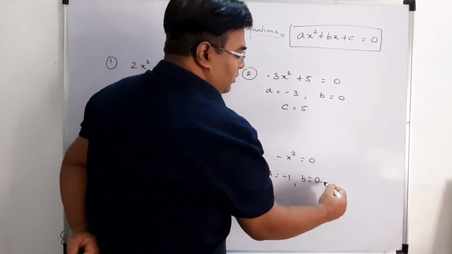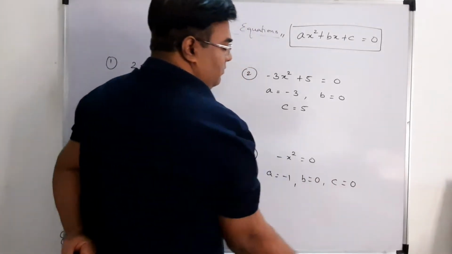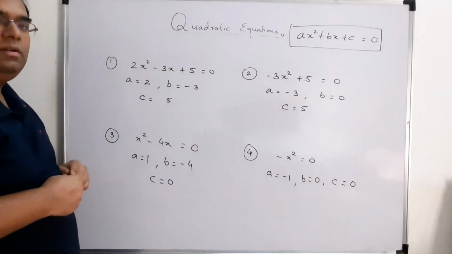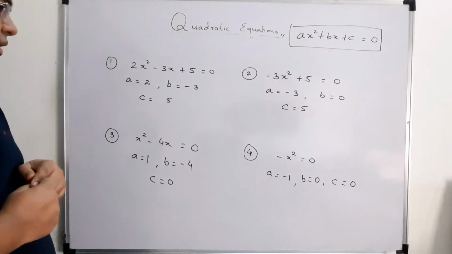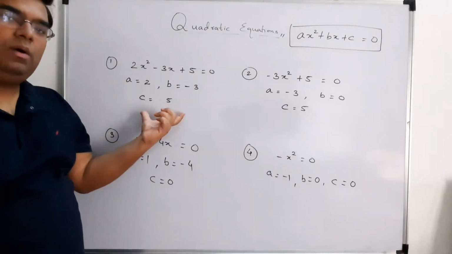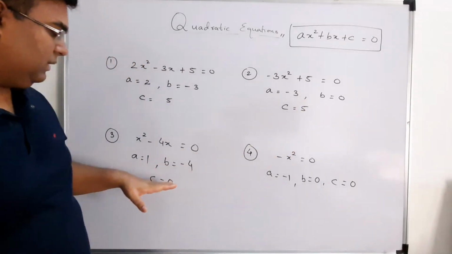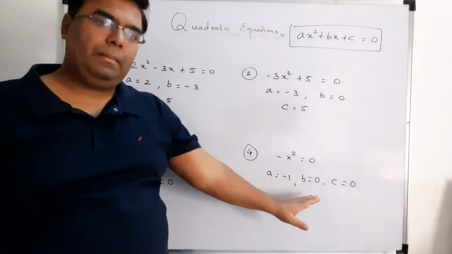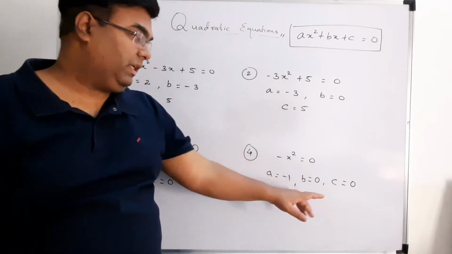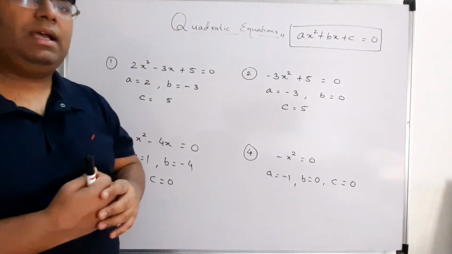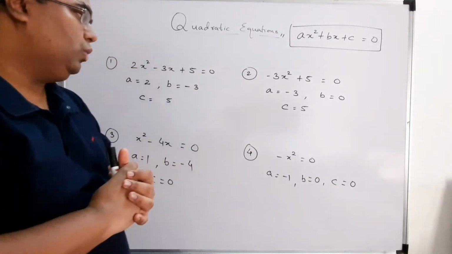B is 0, c is 0, right? So these are the four types basically, where a, b and c all are there, b is not there, c is not there, or even b and c both are not there, but a will be there in all the cases, since x has a power of 2.